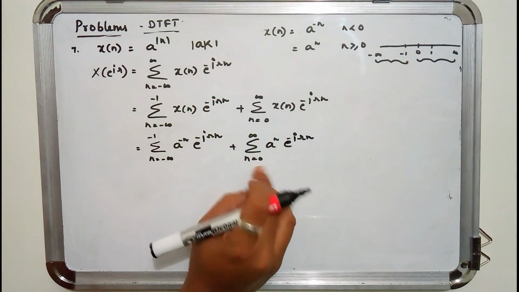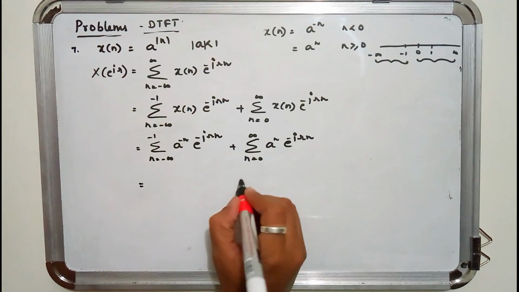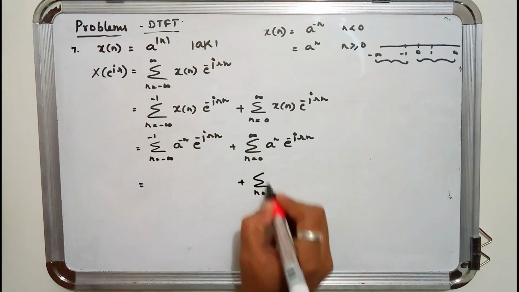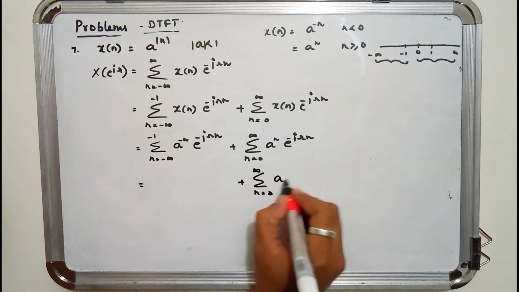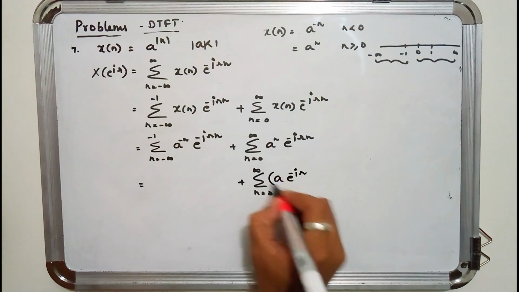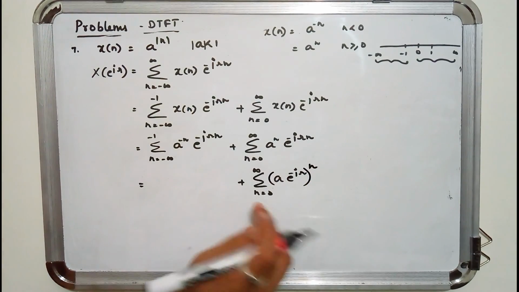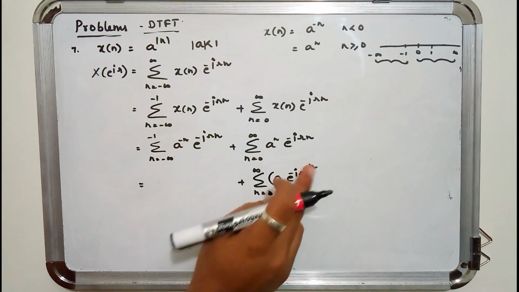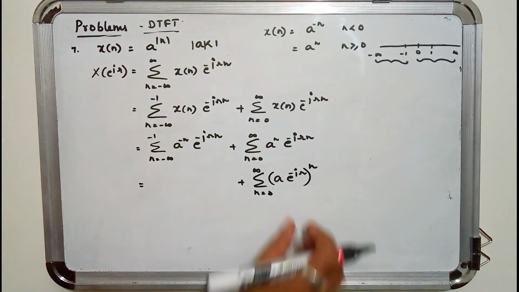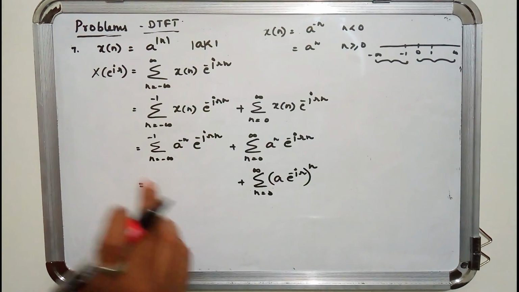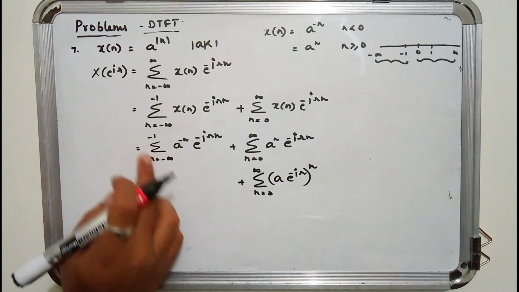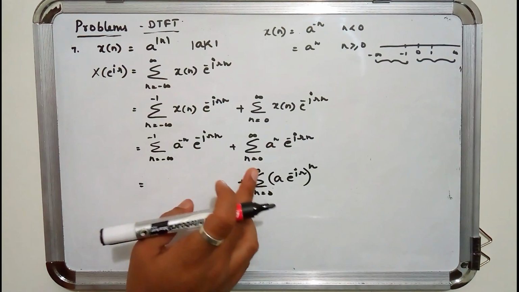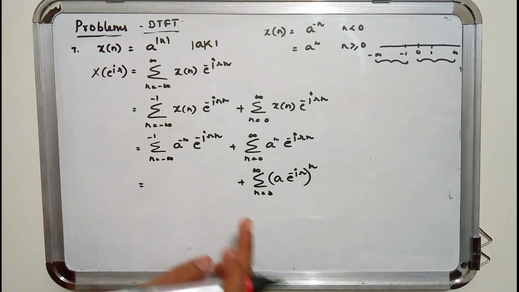Now this summation can be written directly. This is summation n is equal to 0 to infinity of a e power minus j omega, all power n. This is of the alpha power n form, so it is 1 by 1 minus this term. But here we do not have a standard summation of a GP for infinite terms.